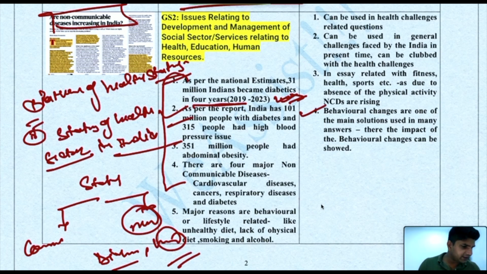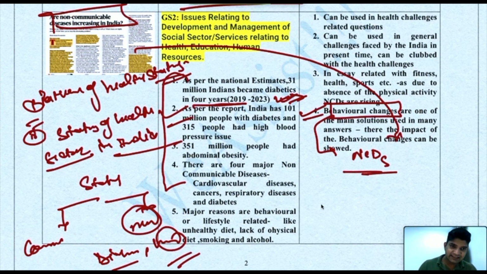Now one important thing is behavioral changes. See, NCDs are rising. This article talks about NCDs, and it says why they are rising: because of our behavioral lifestyle, like consumption of fast foods, not taking health seriously, not adopting a good fitness strategy.